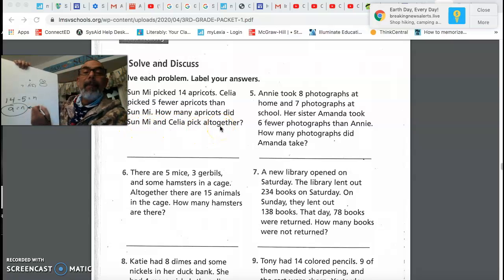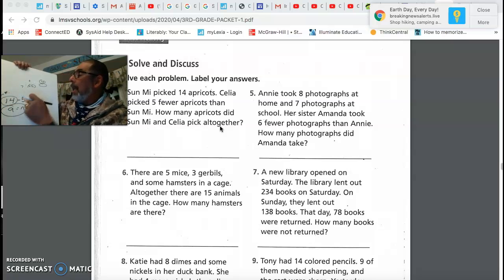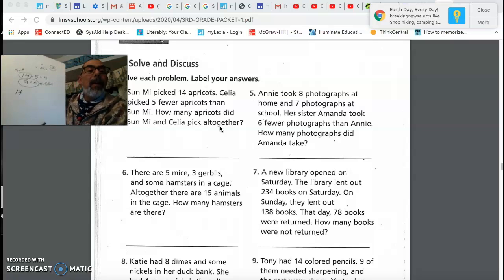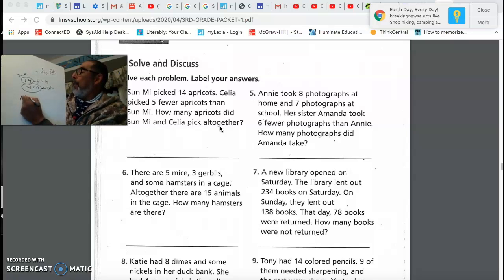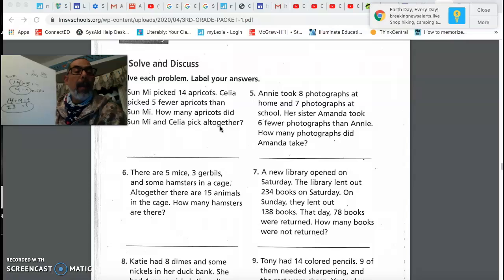If this is Celia and this is Sunmi, then the next step would be that you would have to add the 14 and the 9 to get the total amount. And so that would be 23. That would be the total amount of apricots that they picked, okay?